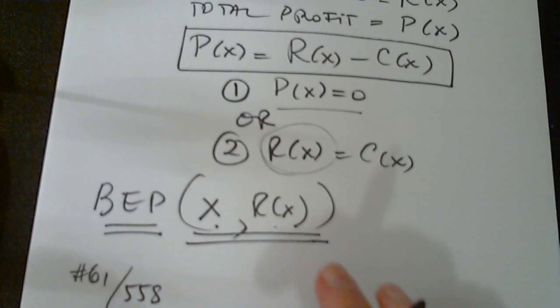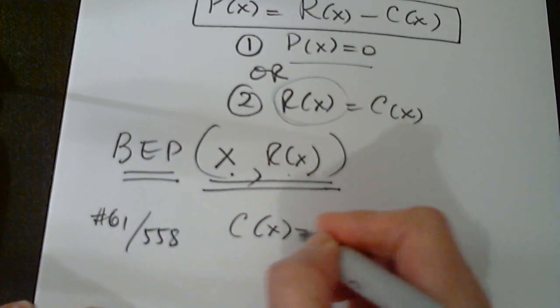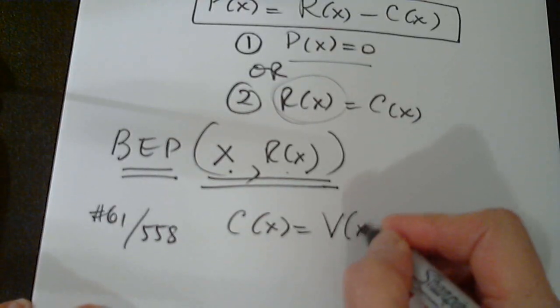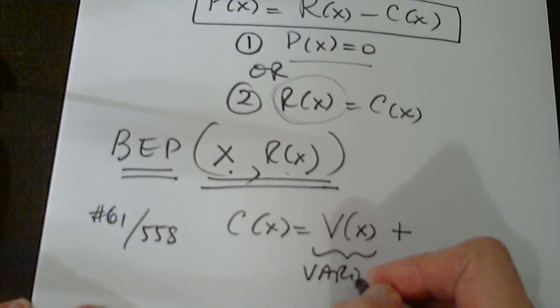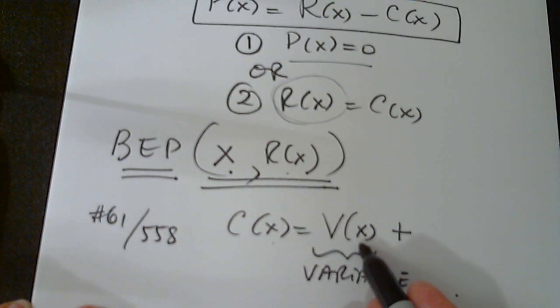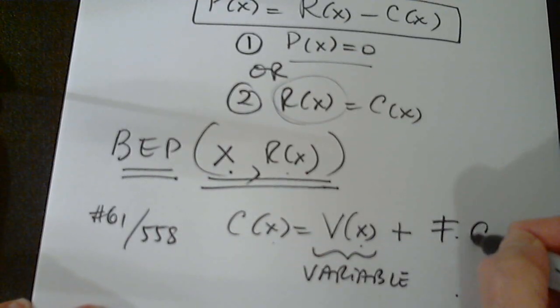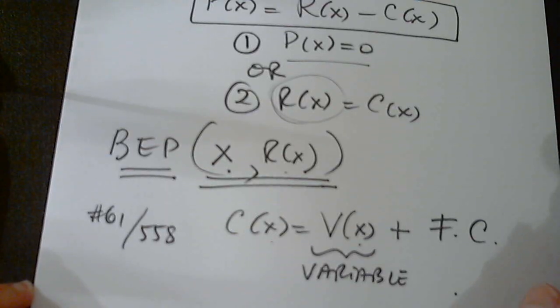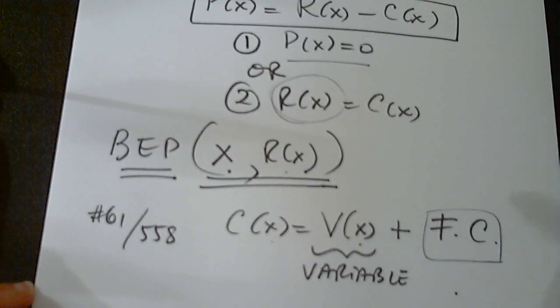Okay. The total cost function is a sum of two pieces. The variable cost, which depends on the number of units we manufacture, and the fixed cost, like rent for the building, maybe the custodian, maybe the lights in the offices, the secretary, maybe fixed costs.